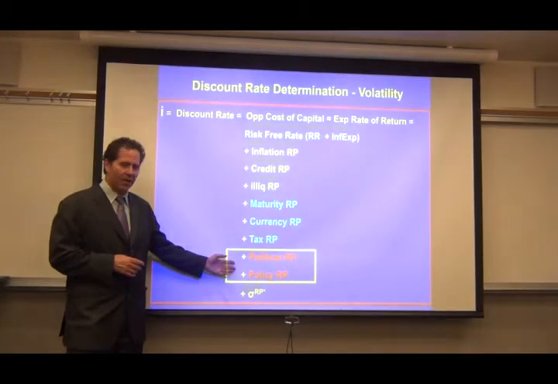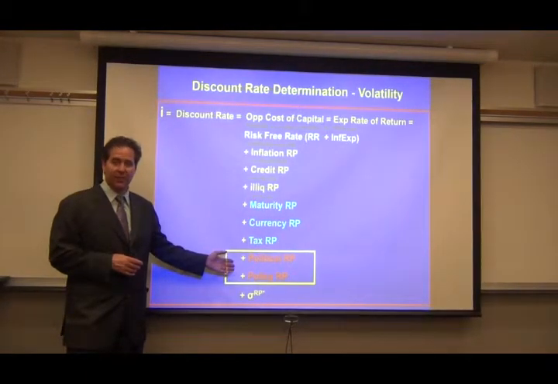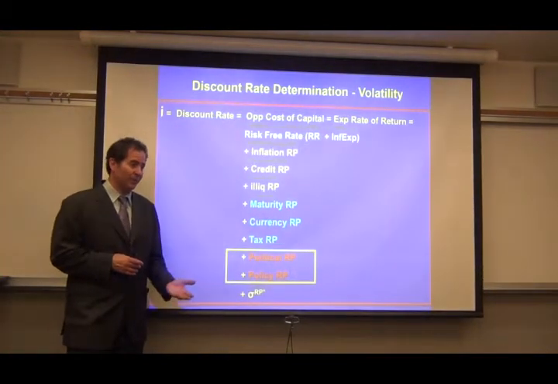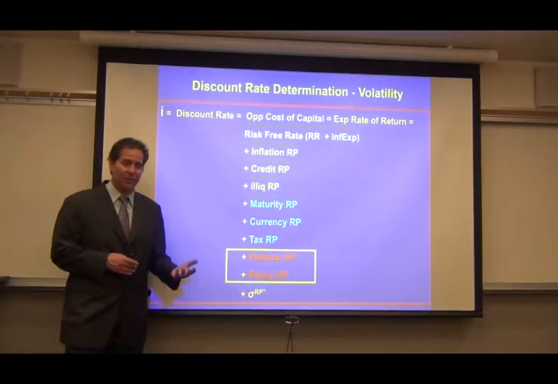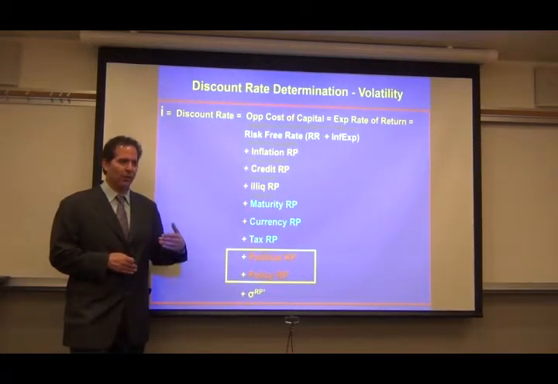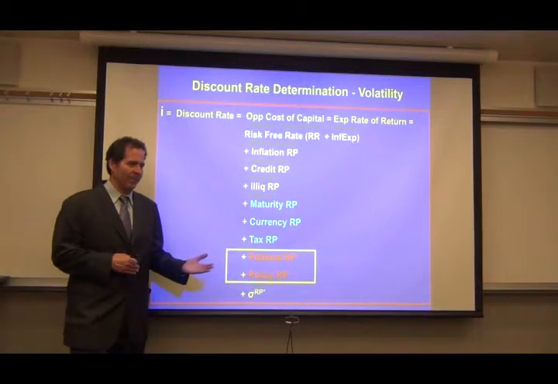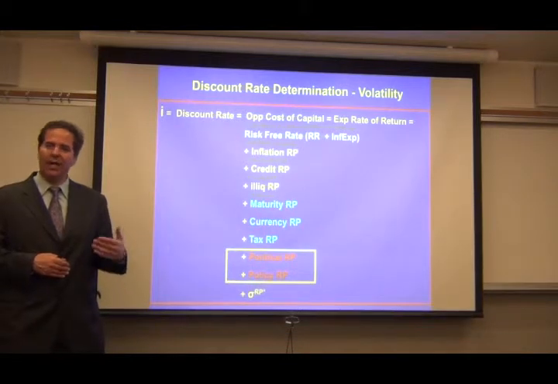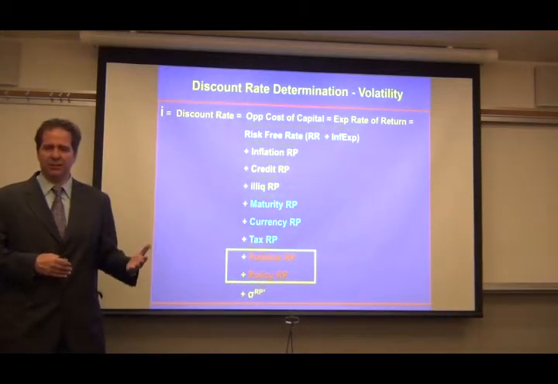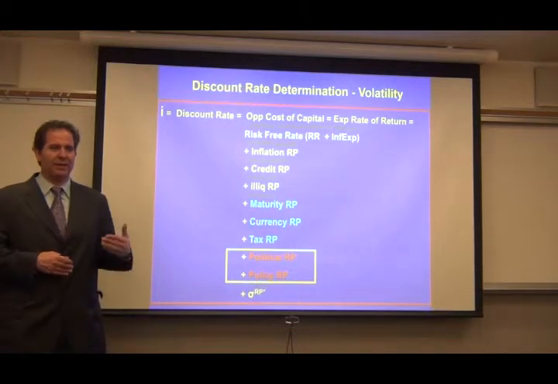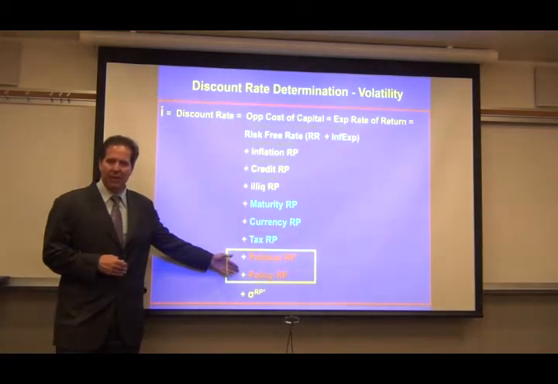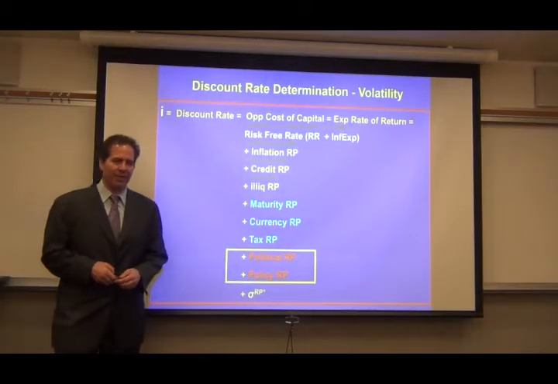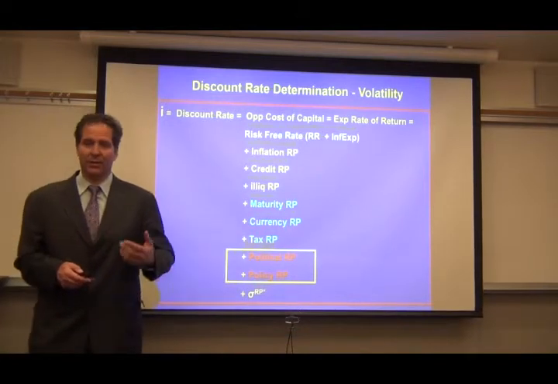And if these are very volatile, then that means your discount rate is volatile, which means your present values, net present values, and internal rates of return are volatile, which again makes it very difficult for financial investment decision making. And that's probably why we have seen over the last 7 to 10 years an underinvestment by individuals and corporations in the economy, because the political and policy risk premiums and the volatility are too extreme, and it's too hard for them to make investment decisions or consumption or even savings.